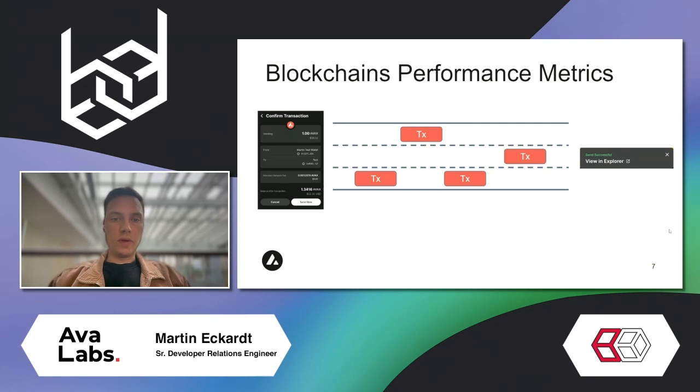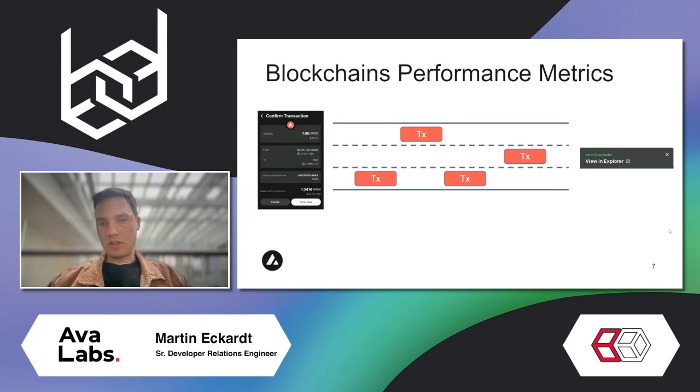Every transaction is a car, and the car enters the highway when you click send on your wallet. So you're sending a transaction, and it exits the highway when the transaction is confirmed on chain, so it can't roll back, it's finalized.